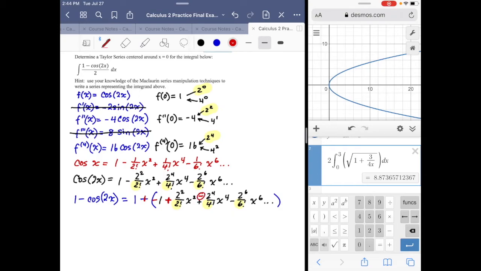All my signs are going to get reversed. So the 1 minus 1 is going to cancel away, which is great. Everything else is going to stay put, but the signs are going to be reversed.